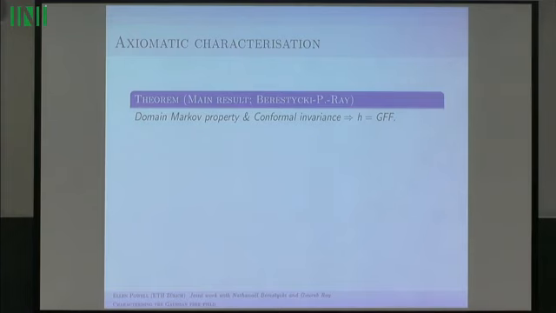And the main result is that these two properties in fact characterize the Gaussian free field. As you can imagine, I've got loads of different domains and generalized functions lying around, and to state this precisely requires a little bit more work, but this is the takeaway message that I want to get through. But now let me actually say it properly.